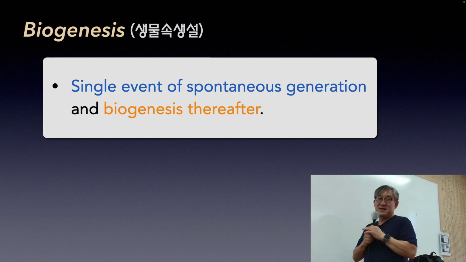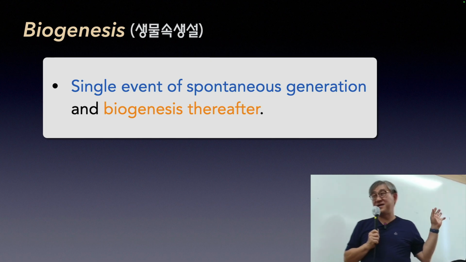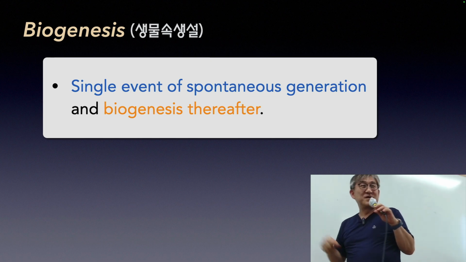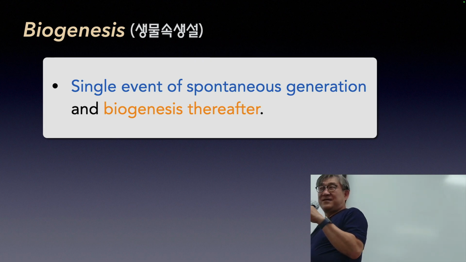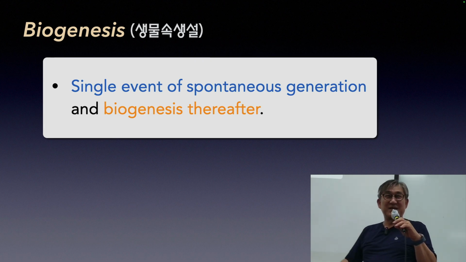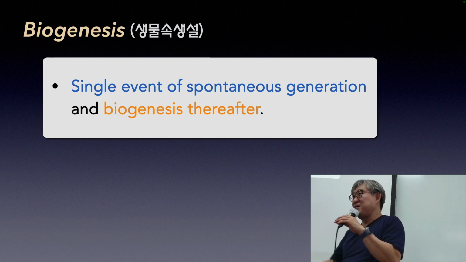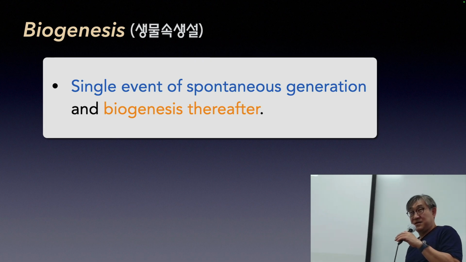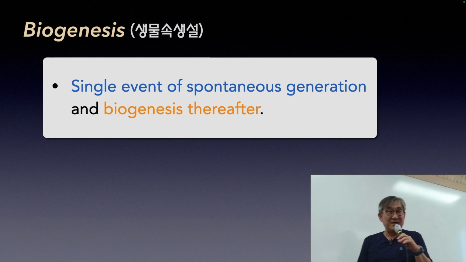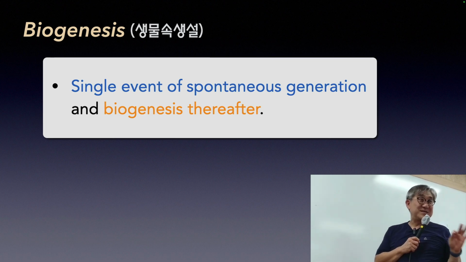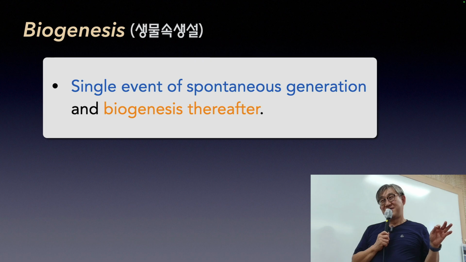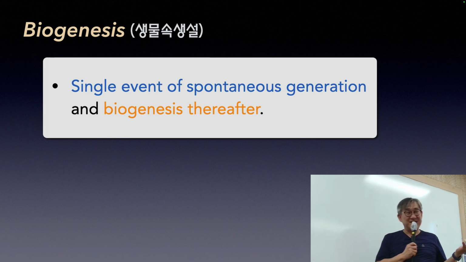So only in the beginning there was spontaneous genesis. The first event was spontaneous. From then on, everything else was all biogenesis. Can you take it? No, I can't. If you try to explain something, at least you have to be consistent. This is just BS.